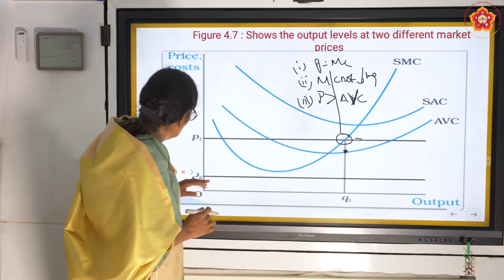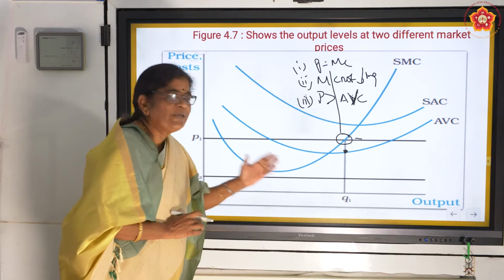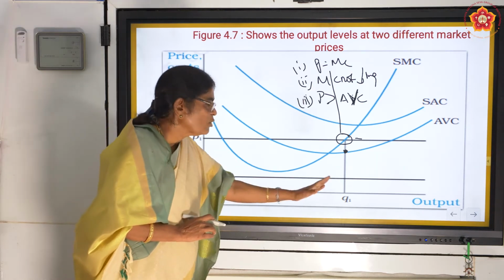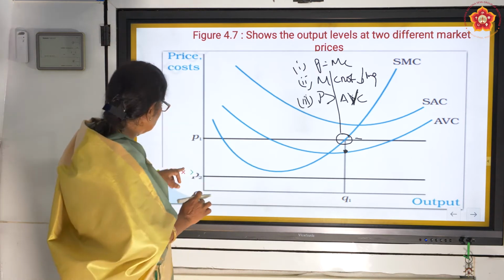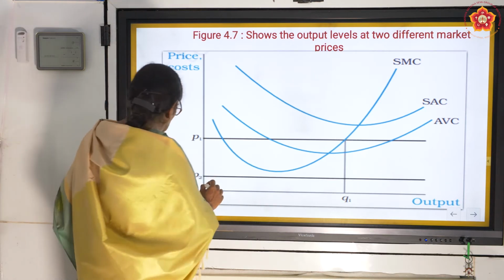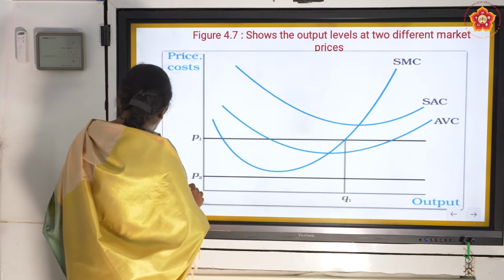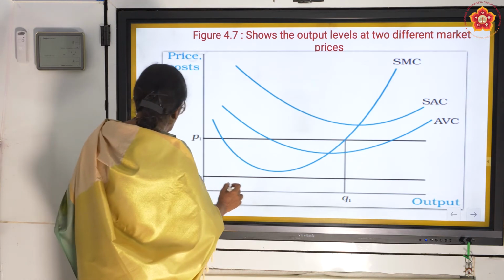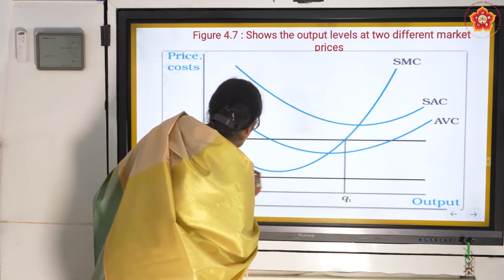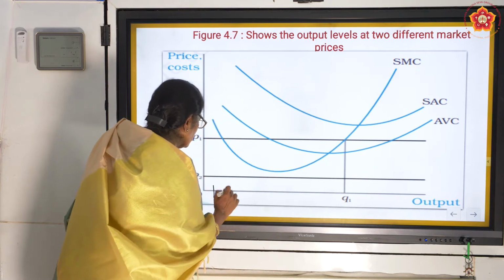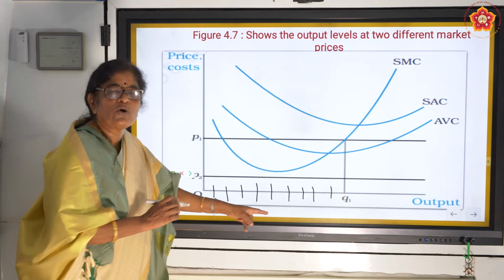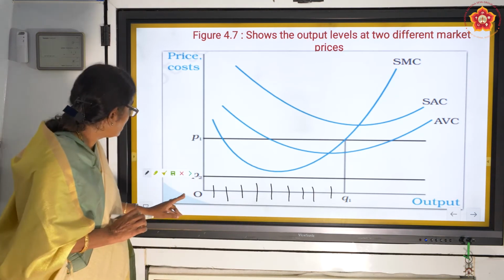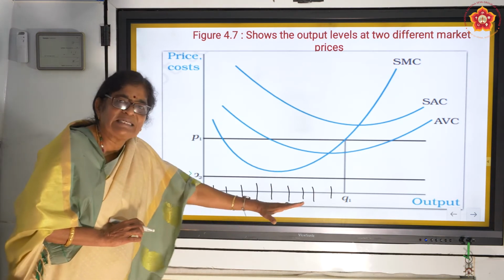But P2, what can you say about P2? At P2, all three conditions are not fulfilled. Here, for all the positive levels of output, what do you mean by positive levels of output? Output is measured along the x-axis.